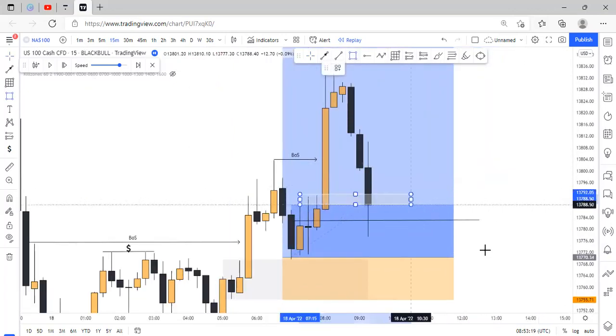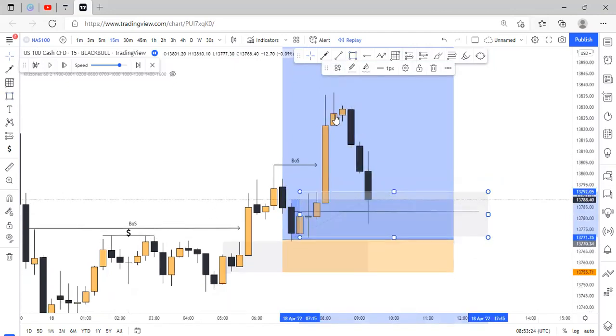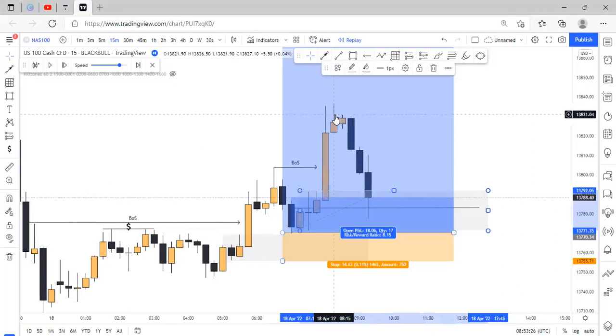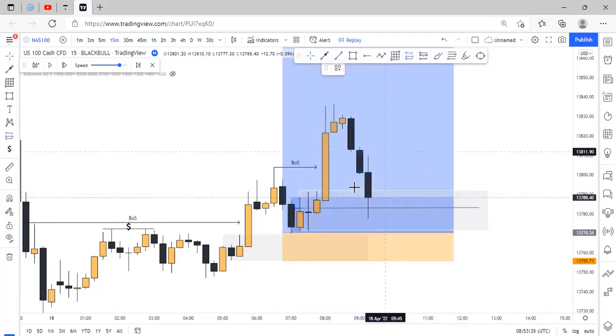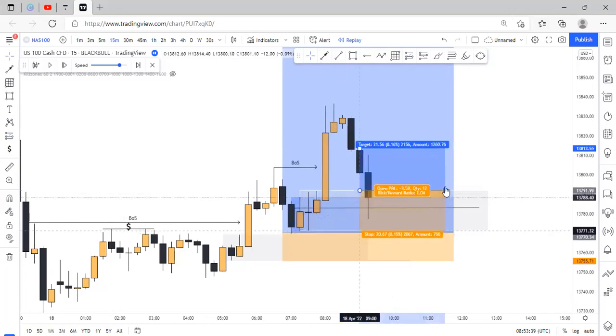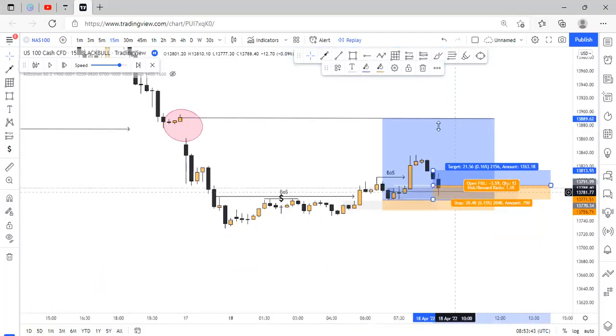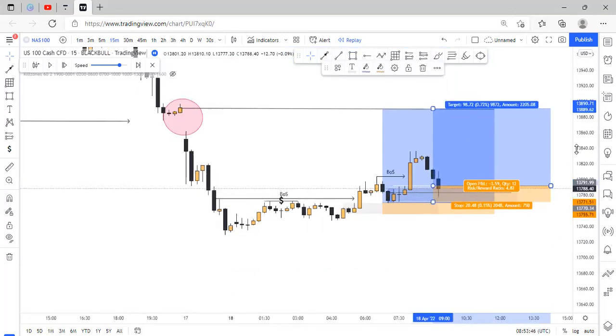As you can see, we broke structure at this point, and with our concept of break of structure, mitigation and demand zone, markets came back down, mitigated this demand zone and filled up this imbalance. So this was another entry for a buy trade as well, and this was still the target, okay.